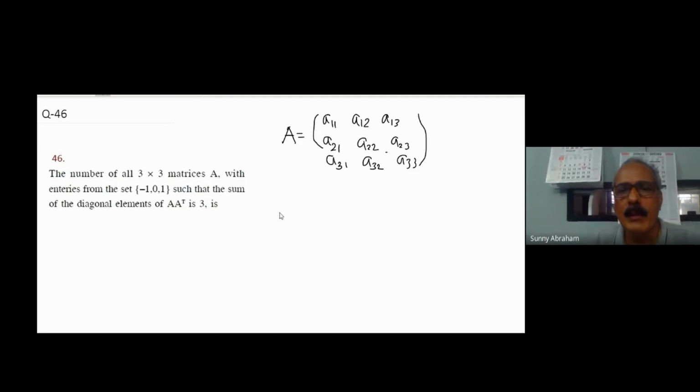Now A transpose will be A11, A21, A31 and so on. Rows are changed into columns and columns into rows.